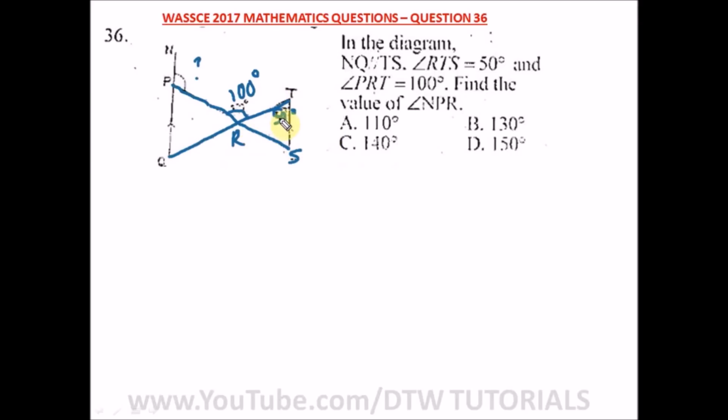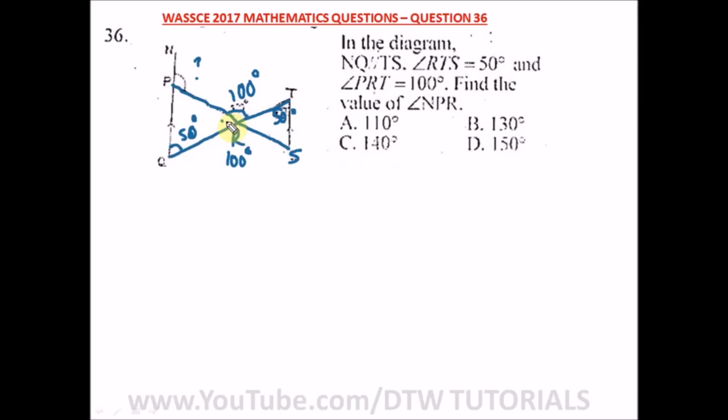So this angle 50 degrees will be equal to this angle. Remember alternate angles are equal. So this angle is alternate to this. Then the next thing is this angle is opposite this angle, so this angle is 100 degrees. All right, so all we need to do now is get this particular angle.